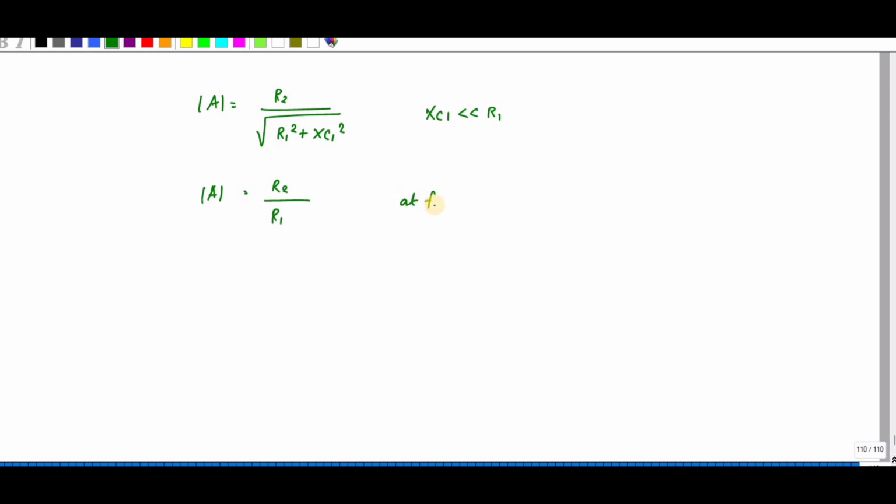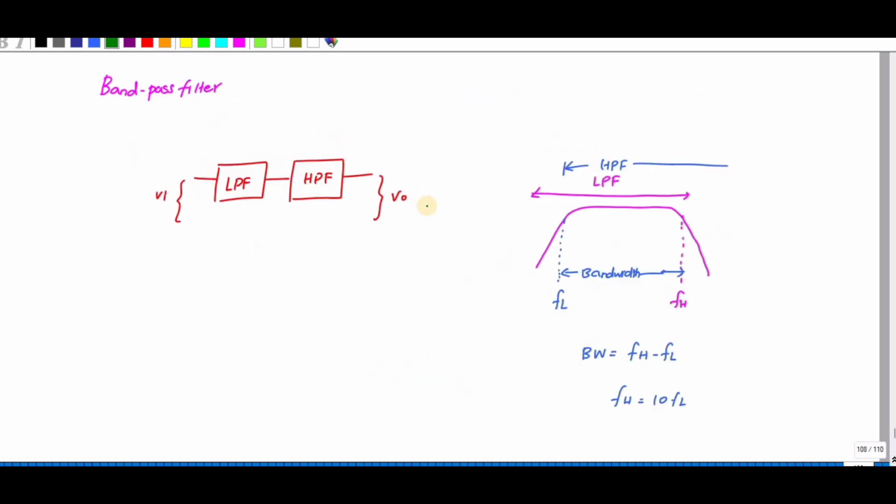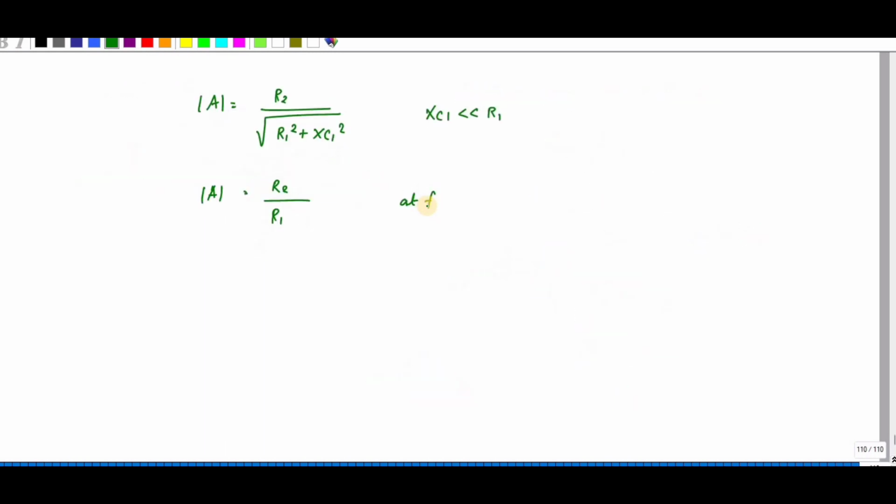That is at the frequency FH, right? At the frequency of FL, XC1 is equal to R1. Okay.